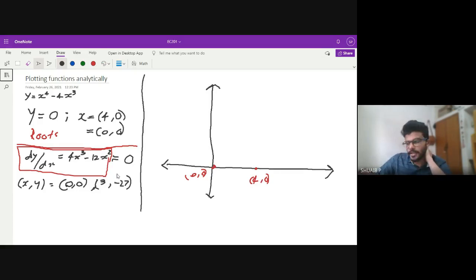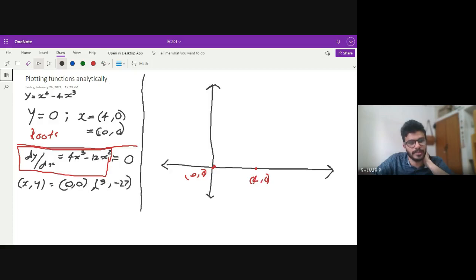By solving this equation we'll get the extremas to be 0, 0, and 3, minus 27. So we will get 0 and 3 to be the roots from this equation.